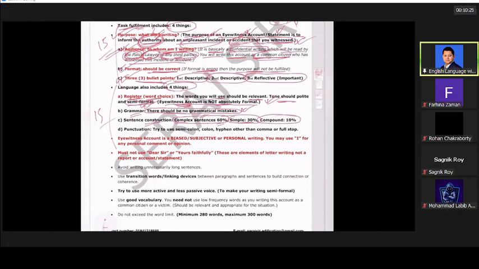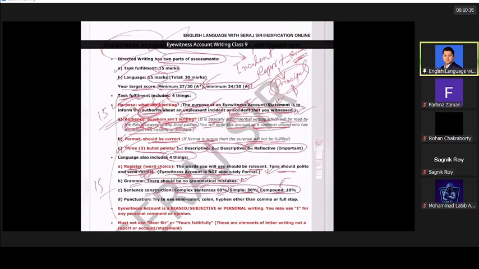Simple sentences means sentences which don't have any conjunction, and compound sentences as well. The British examiners think compound sentences are the poor or inferior quality of sentences, but still we are going to use 10% because we need a variety of sentence construction. Without variety, your writing will not be multidimensional.